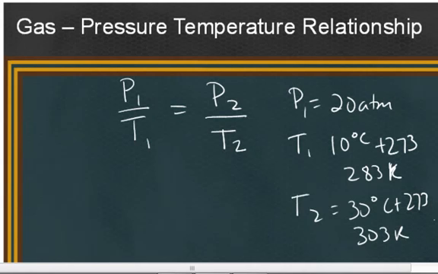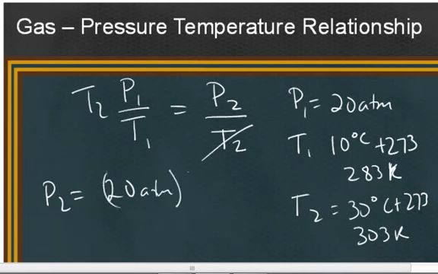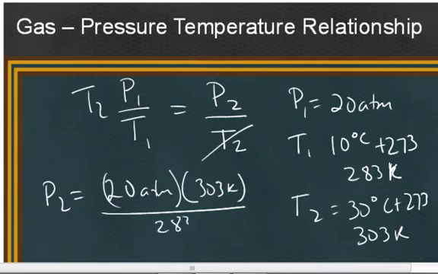Plugging these initial and final conditions in and solving for P2, we have P2 is equal to P1, which is 20 atmospheres, times T2, which is 303 Kelvin, divided by T1, which is 283 Kelvin.